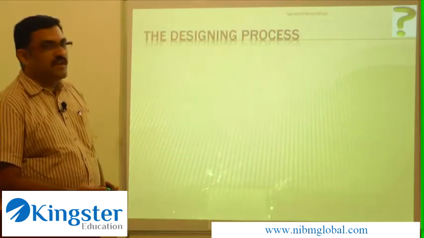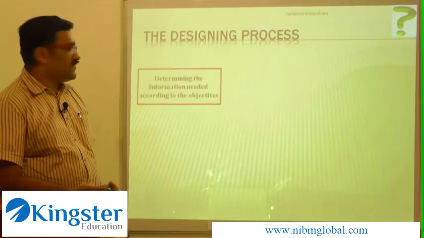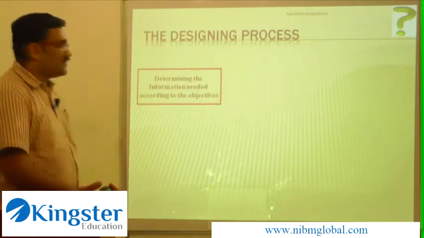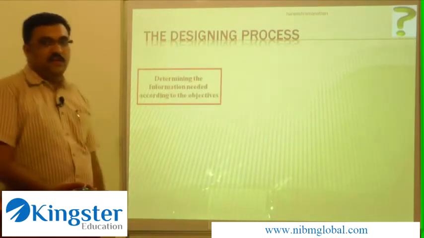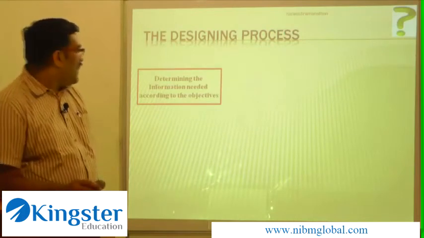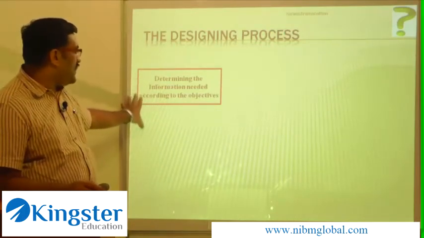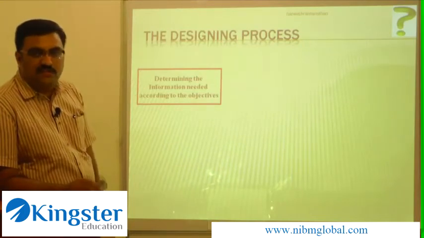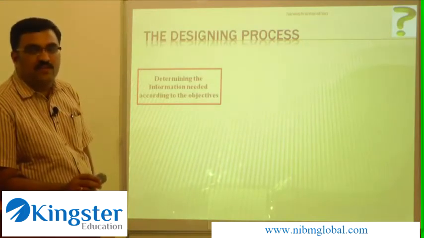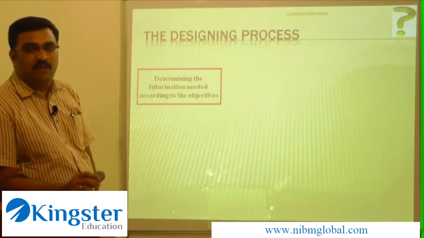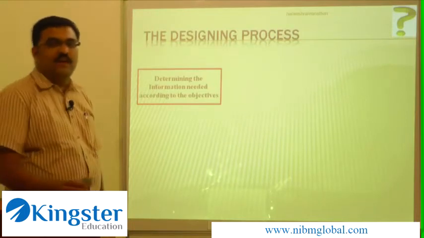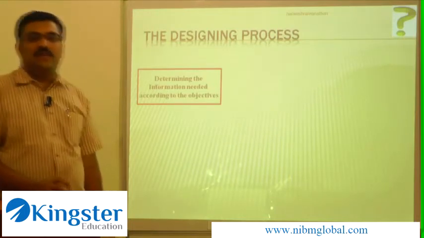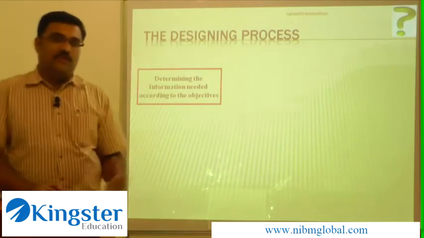So if we are talking about the designing process of questionnaires, the first process in questionnaire designing is determining the information needed according to the objectives. The first and foremost thing, you should thoroughly understand what your objectives are all about. Try to read them several times and try to have a sequential flow of your objectives.